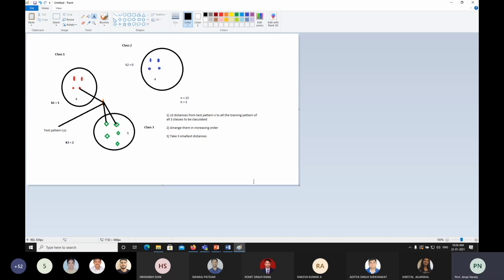Now the question comes: how do you choose the value of k? That is the first question. The second question is that in KNN we strictly follow the Euclidean distance metric.